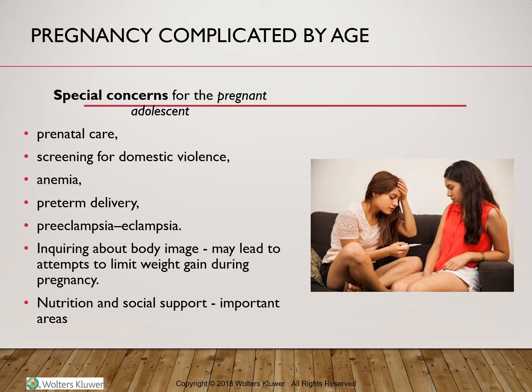We will now describe a little bit the elements related to the pregnant adolescent. We define adolescent or teen pregnancy as any pregnancy that occurs at 19 years of age or younger.